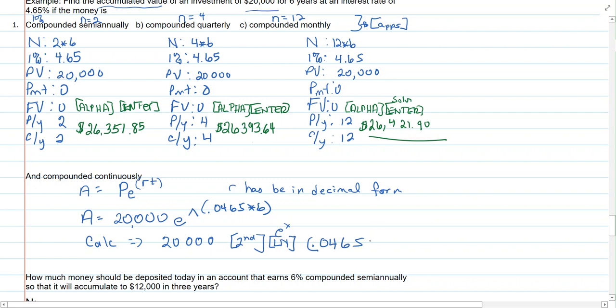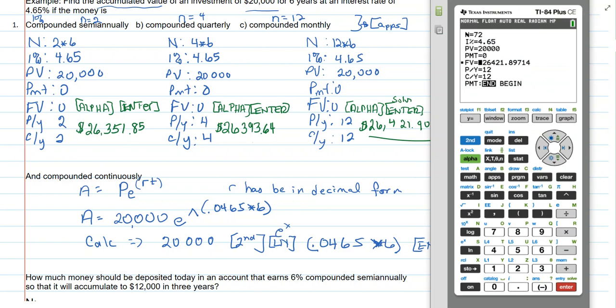So we have to do parenthesis times 6, close parenthesis, and enter. All right, here we go. Now remember how to get out of the program? We do a what? Second quit to get to the home screen.